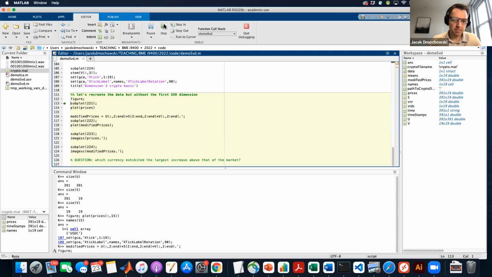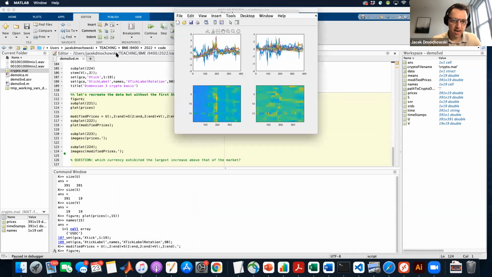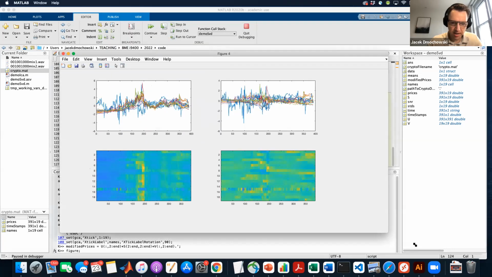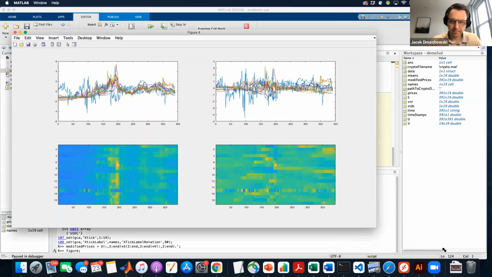So I'm going to plot this. I'm going to show you two views of the data, one as a time series and one as an image. Let's pull this up and make it as big as I can.